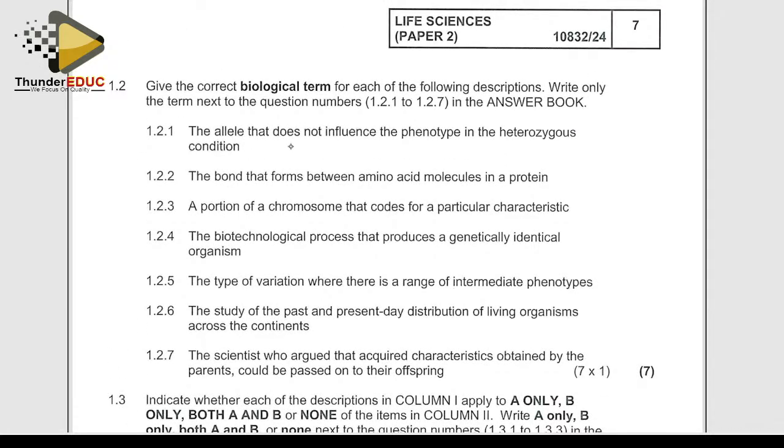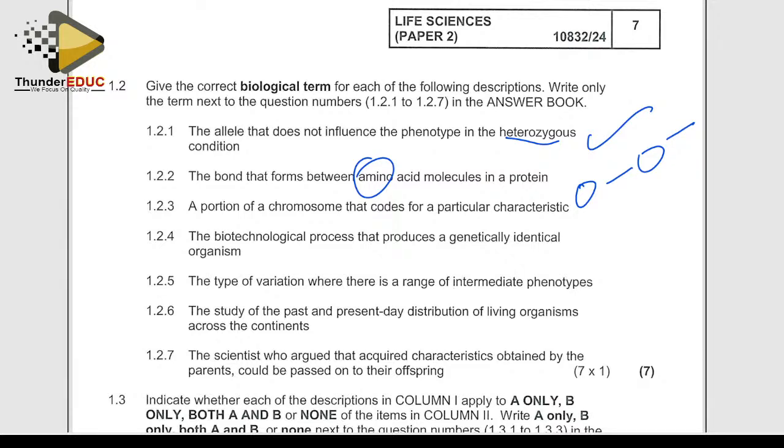Terminologies. Allele that does not influence the phenotype of inheritance. We talked about this. It is a recessive allele. It only expresses itself in the presence of a dominant allele. Simple. They are saying the bond that forms between the amino acids. We talked about these bonds so many times.